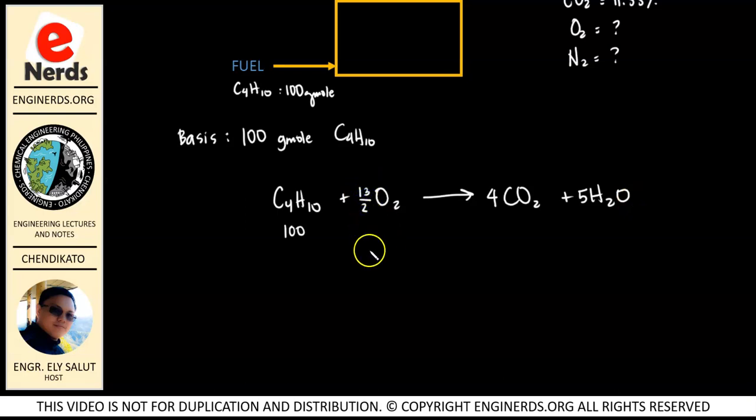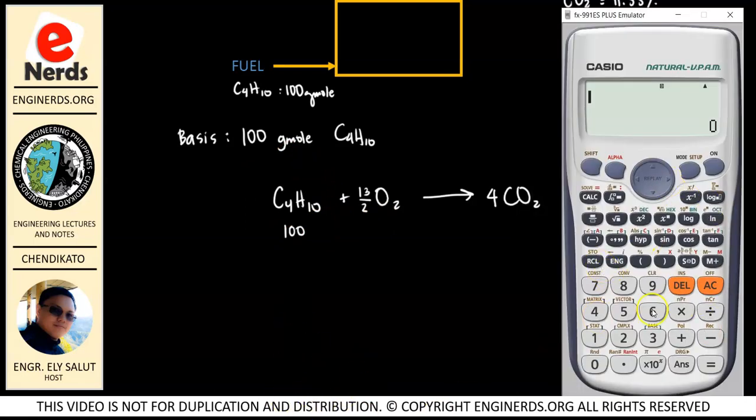So how much oxygen is needed for complete combustion of C4H10? Let us try to calculate that. We have 100 times 13 divided by 2, which is 650.